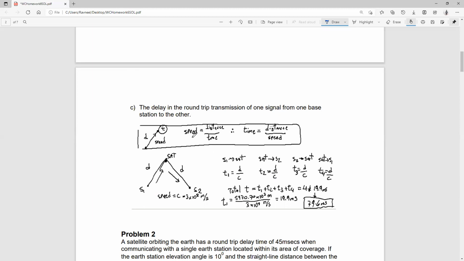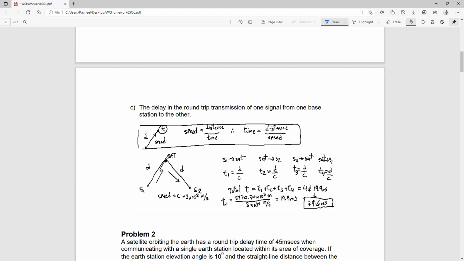Based on the formula for speed, that is speed is equal to distance divided by time, making time the subject of the formula, time is equal to distance divided by speed. Since the signal is traveling in free space, we'll be using the speed of light. So the time needed, T1, for the signal to travel from S1 to the satellite is given by T1 is equal to D upon C.